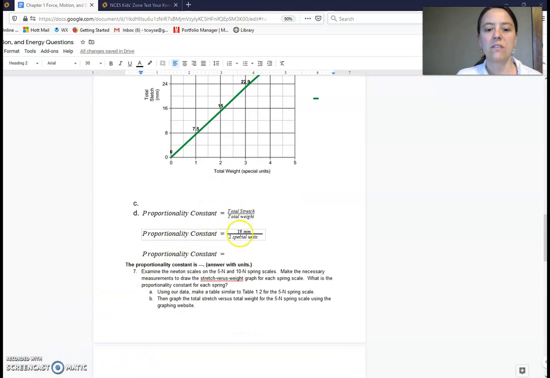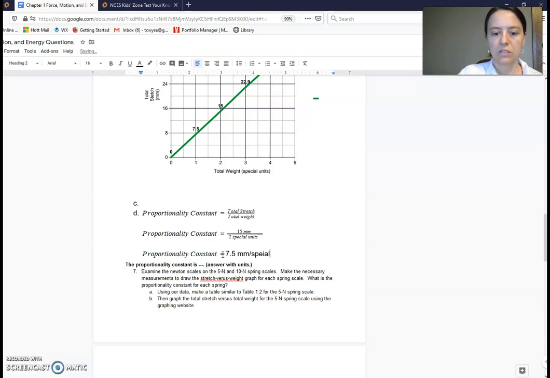So now that we have entered that, we will calculate it, and 15 divided by 2 is 7.5. And then our units also we need to divide, millimeters per special unit.